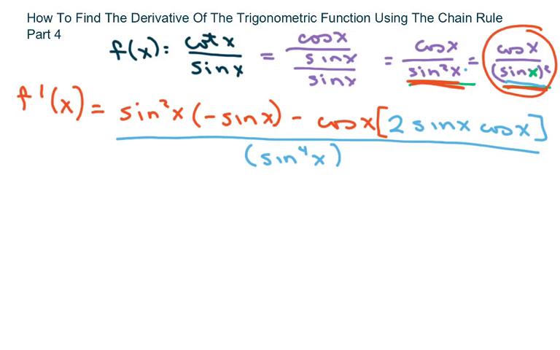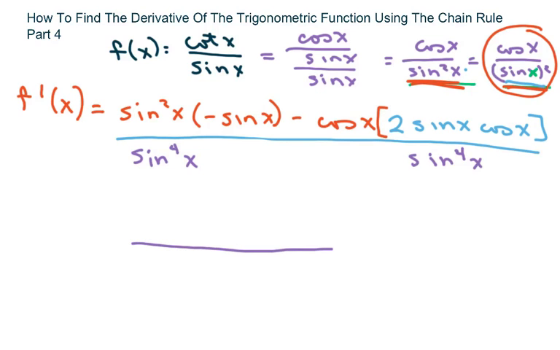Alright, now if I divide each piece by sine, basically what I'm going to do, and I'm going to go ahead and erase this, is put this sine to the 4th x under each piece. And for my denominator, I'm going to have sine cubed of x.